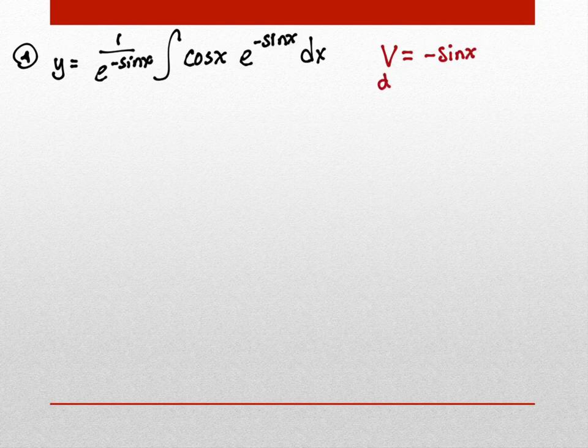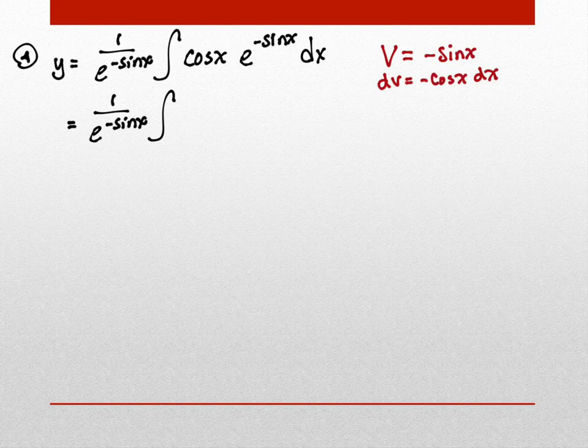And what would dv be? That is, what is the derivative of negative sine x? Negative cosine of x dx. Now we almost have all those pieces here, right? What are we missing? Does anybody know what we're missing? Yeah, we're missing a negative sign.